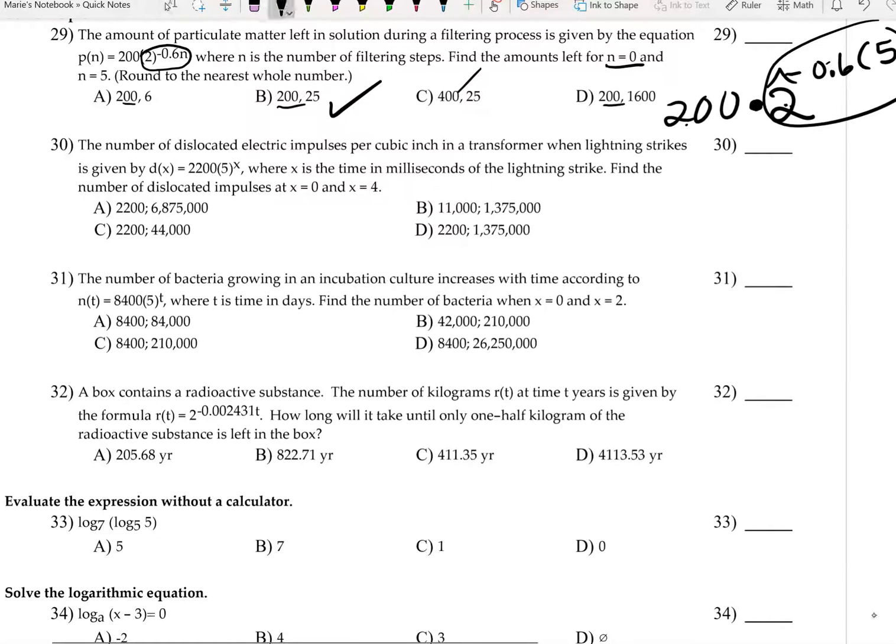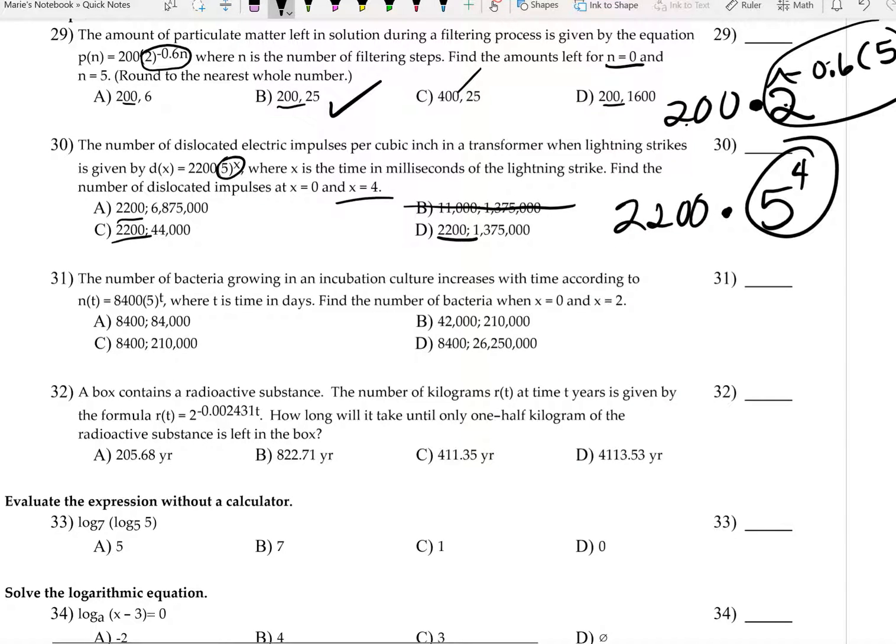Okay, for number 30, it's the same thing. At 0, we have 2200. So it's this one, or this one. Forget about that. Alright, because this part did become 1. 5 to the 0 is 1 times 2200. Then they ask you to plug in 4. So then you say, okay, then 2200 times 5 to the 4th, which is its own calculation.